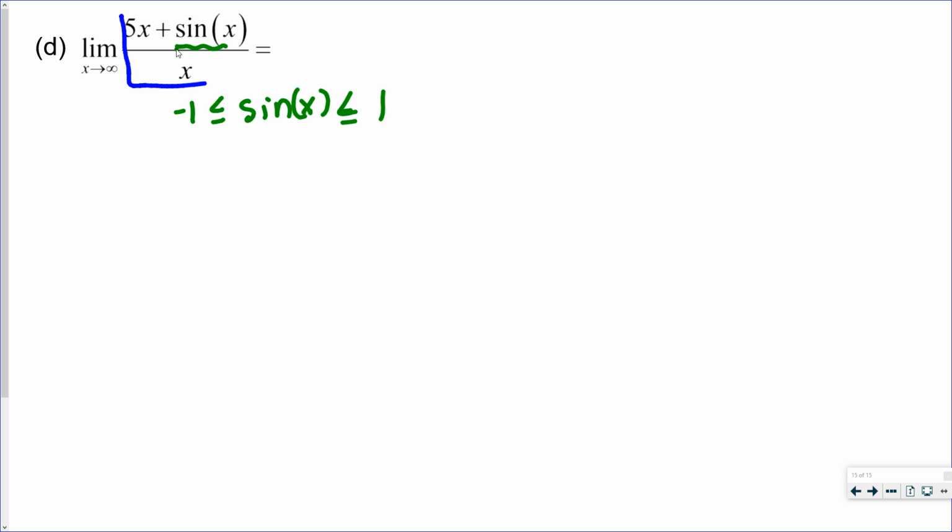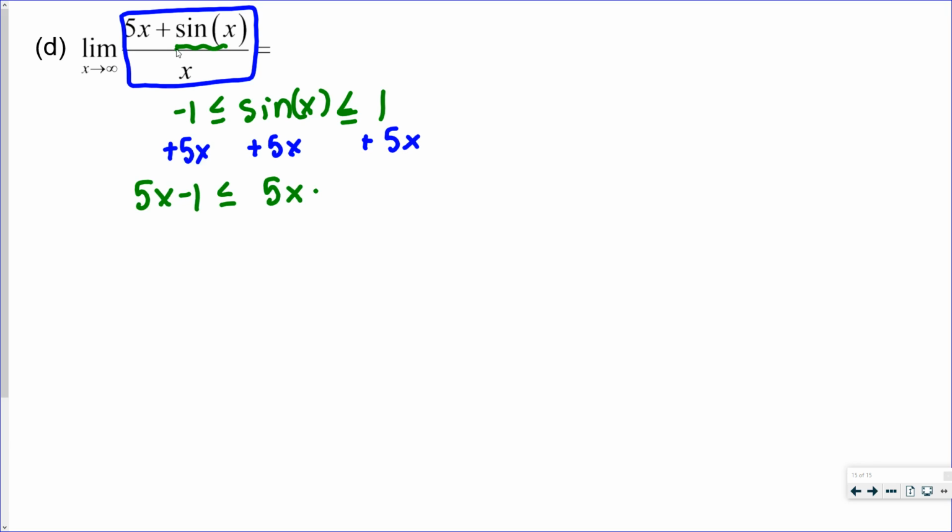Now I'm trying to make the middle piece look like my function, so I'm going to add 5x to everything. So I end up getting 5x minus 1 is less than or equal to 5x plus sine of x, which is less than or equal to 5x plus 1.